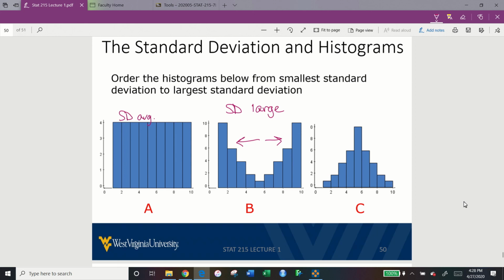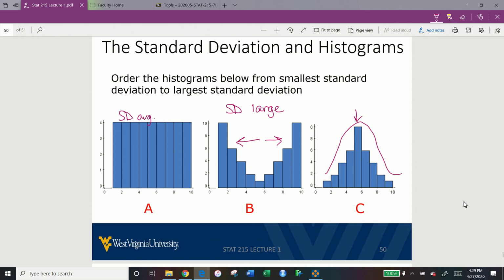Next, let's think about C. Now, C in some ways is histogram B's opposite. It's symmetric, but it's very bell-shaped, with our data clustered in the center.